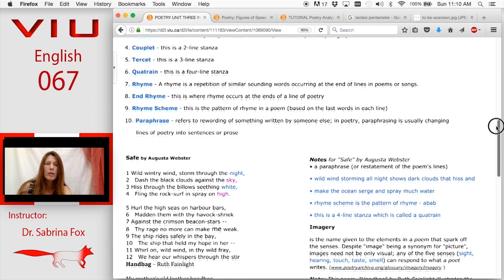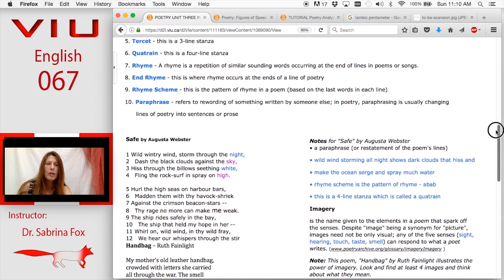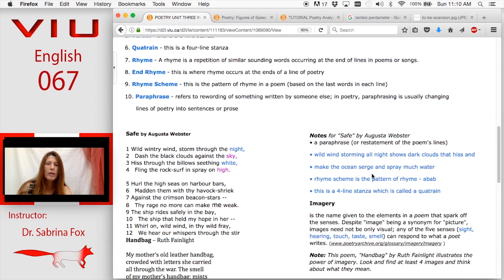Now then, in order to understand a poem, it's often a good idea to paraphrase it. Paraphrasing is to refer to it in your own words, just translate it into your own words. I've done that here for the first stanza. Wild wintry wind, storm through the night, dash the black clouds against the sky, hiss through the billows seething white, fling the rock surf in spray on high.